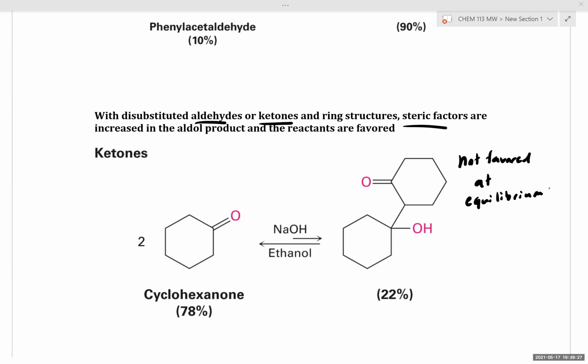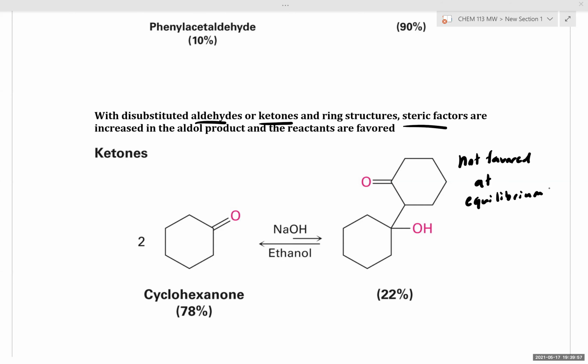Does this idea that the aldol reaction is reversible make sense to everyone? So because the aldol reaction is reversible, when we think about the aldol product that we're generating, if the aldol product that we make is highly strained and we have excess acid or base floating around, we can undergo retroaldol reactions to reform our reactant.